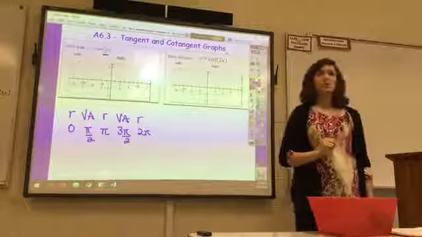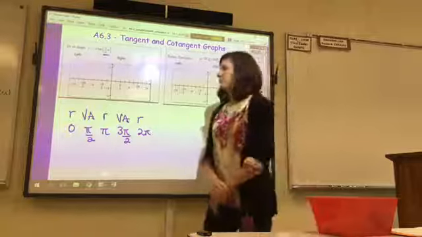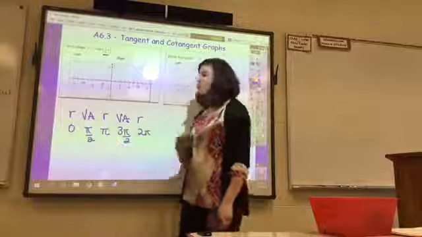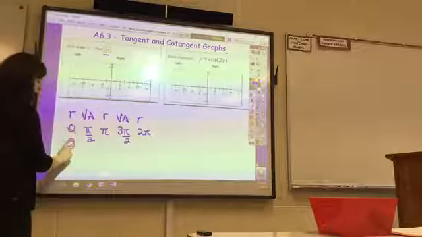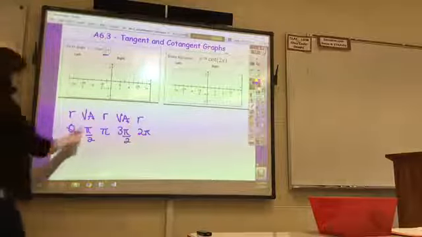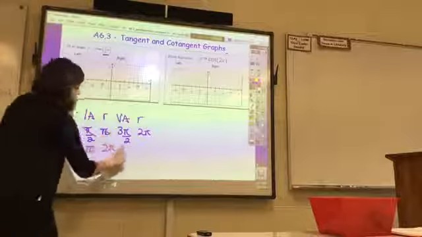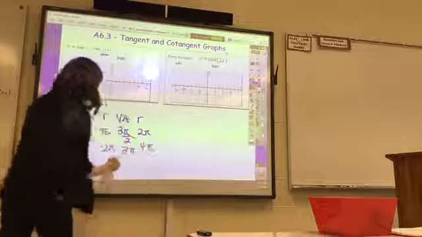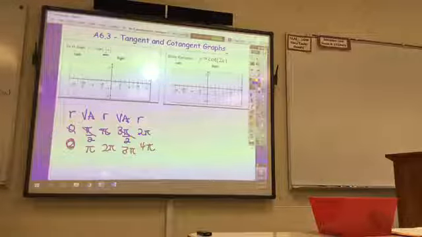It times everything by 2. So times everything in your cheat chart by 2. Okay, 0 is still 0. What's pi over 2 times 2? Pi. 2 pi. 3 pi. 4 pi. You're timesing by 2, right? Okay.